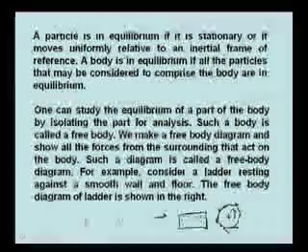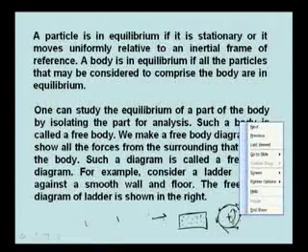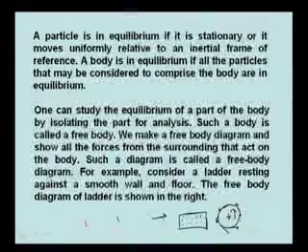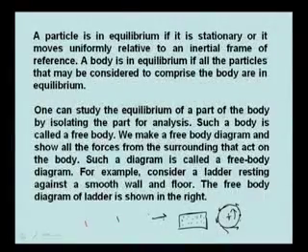So naturally this particle is not in equilibrium, although the particle at the center is in equilibrium, as it is not moving. Therefore, this body cannot be considered in equilibrium, because all the particles are not in equilibrium.